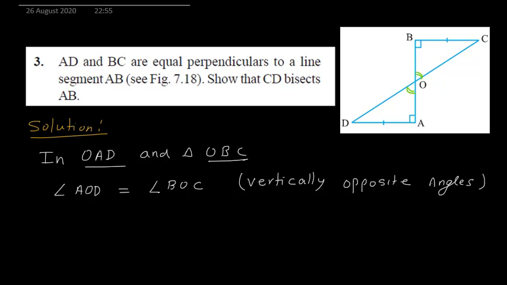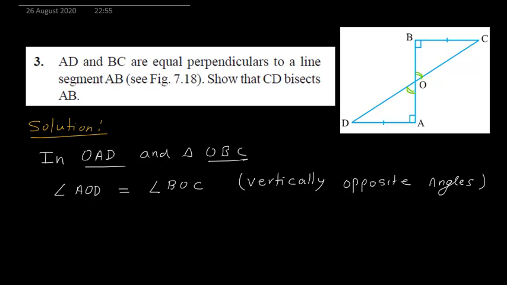but what we have learned is angle side angle, no? So for that I have to prove that angle C and angle D are going to be equal. Now as these two angles are equal, the third angle is definitely equal by the angle sum of triangles. By that criteria I can say that the angles are equal.